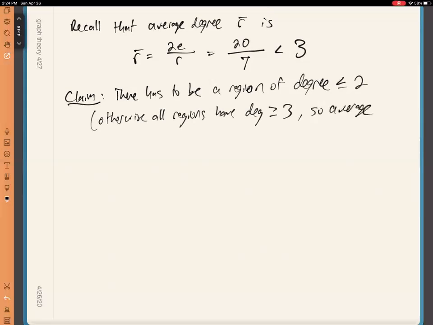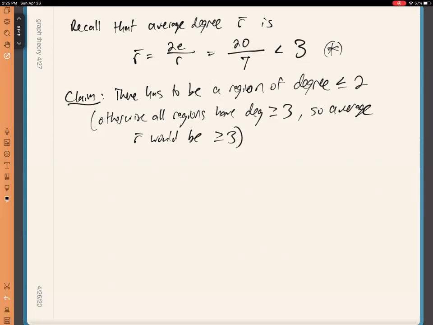So the average degree, R bar, would be bigger than or equal to 3. But that's not the case, right? Because of this formula, we just showed that it's smaller than 3. And therefore, there has to be at least one region of degree less than or equal to 2, right? And again, this is just the idea that if I average a bunch of numbers that are bigger than or equal to 3, then of course the average is going to be bigger than or equal to 3, and that's all we're using here.